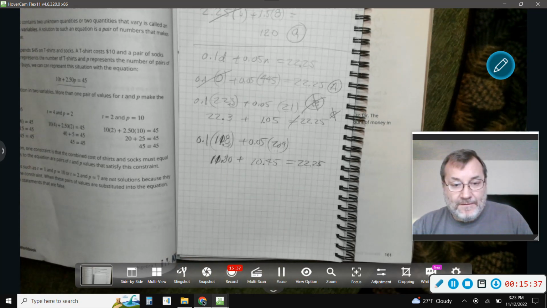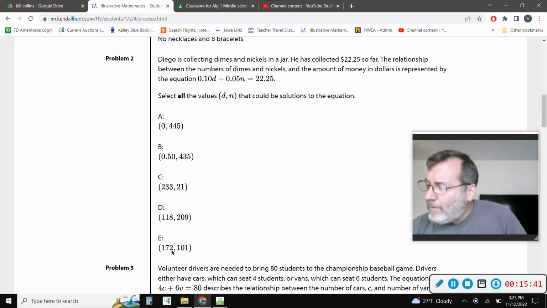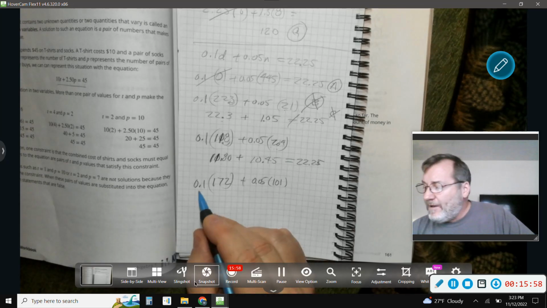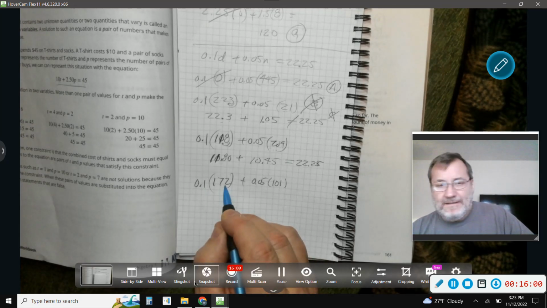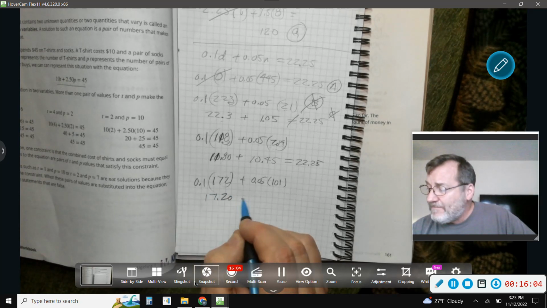All right. Let's look at the next one. 172 plus, let's see, we have 110 nickels. So it's 0.1, 0.05. All right, so I have 1/10 of 172, so that's going to be $17.20.